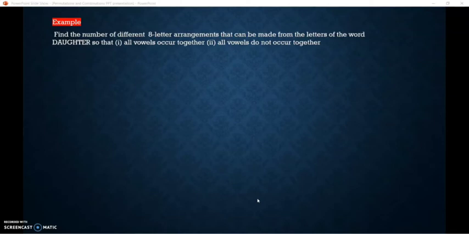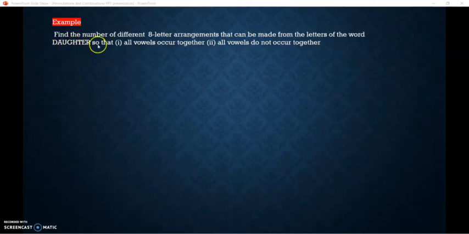Okay. Now, it's an 8-letter arrangement, and I want to use the letters from daughter. Now, if I look at this word daughter, every letter is different here. It's a distinct-lettered word, right?